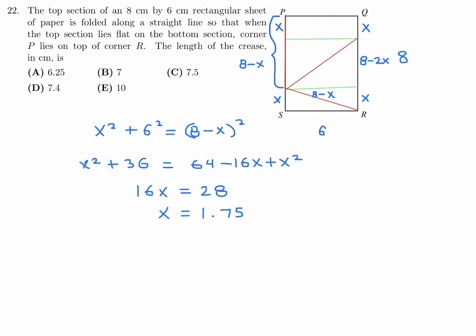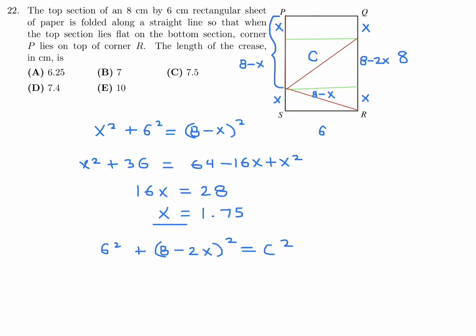Now our next Pythagorean relationship involves this triangle, and the crease is what they want, right? So that is the crease there, so I'll just call it c for crease. That Pythagorean relationship is as follows. It's 6 squared, because from here to here is 6, plus (8 minus 2x) squared is equal to c squared.